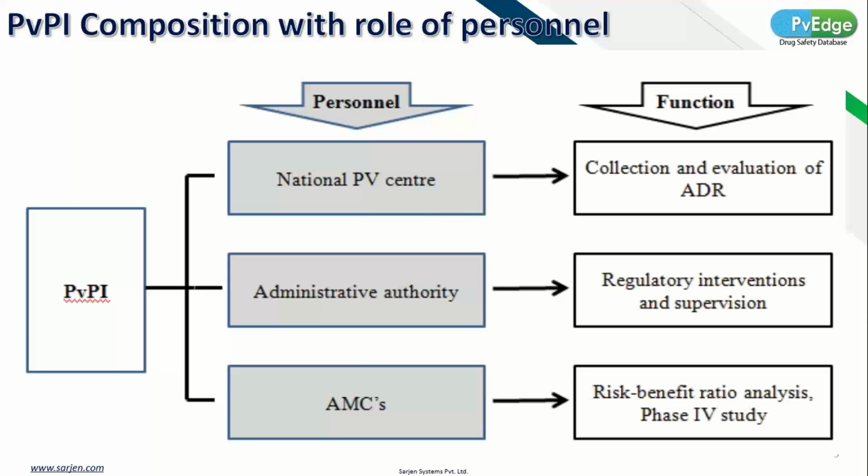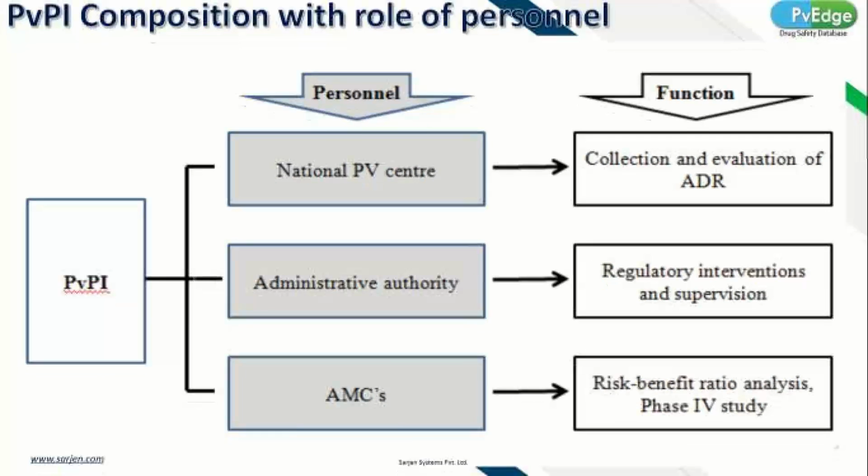The ADR monitoring centers, as I already explained, have collection of ADRs as their main responsible task. Risk benefit ratio analysis and phase 4 study analysis can also be done by the AMCs. So AMC means ADR monitoring center.